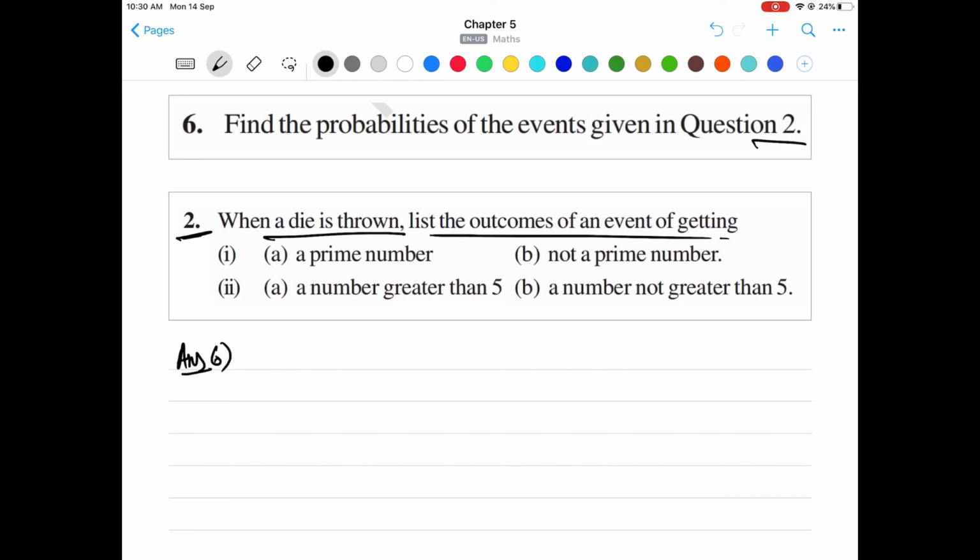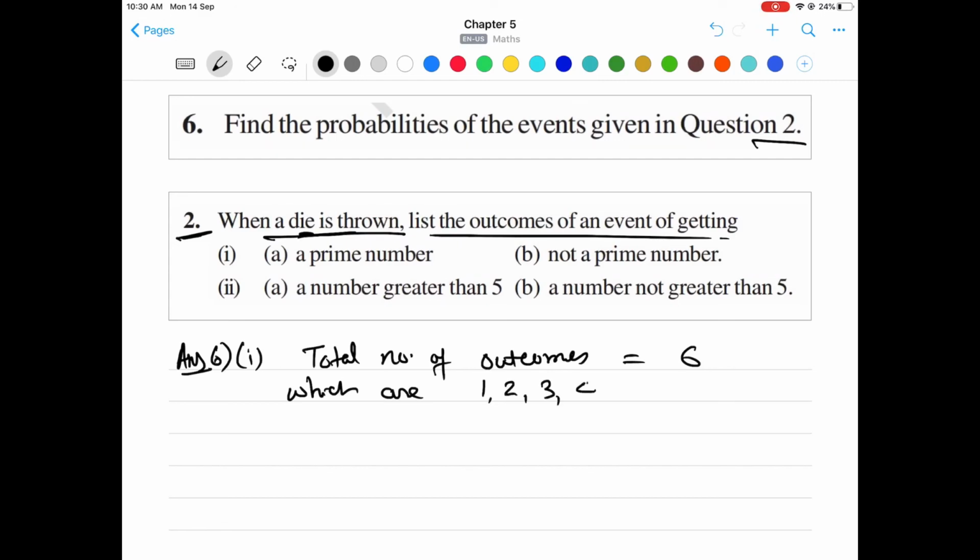Answer number 6, part A. Here we'll write the total number of outcomes, which will be 6, because in the case of one die we have 6 outcomes, which are the numbers 1, 2, 3, 4, 5 and 6.